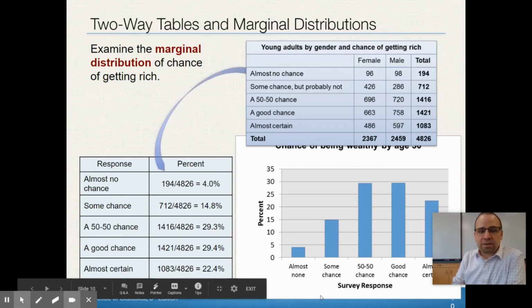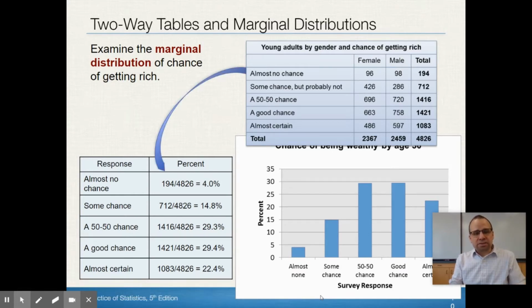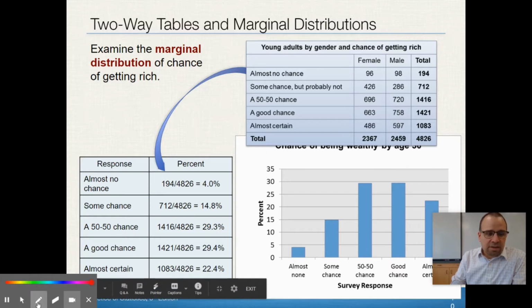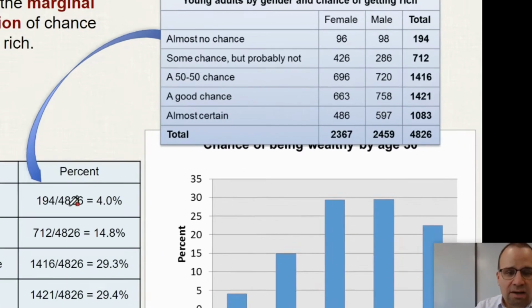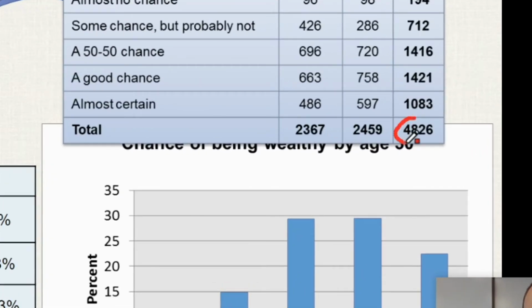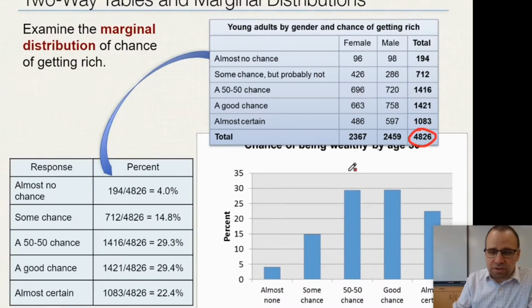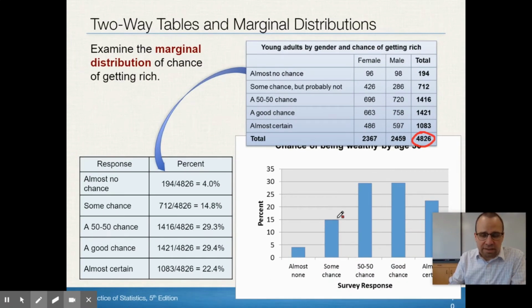So right here, we have the marginal distributions of these young adults and chance of getting rich. And as you can see, we are basing this off of the entire population. Marginal distributions always divide by the grand total, and we look at the row or column total.